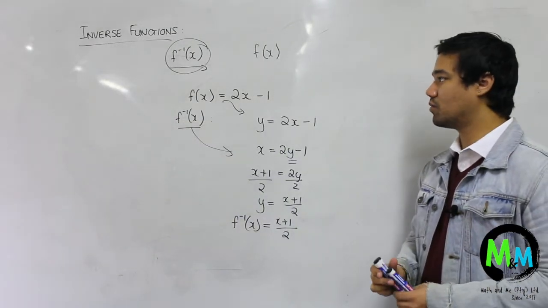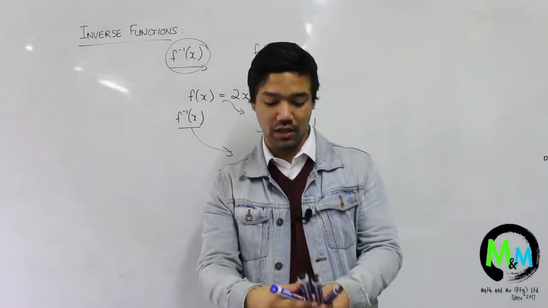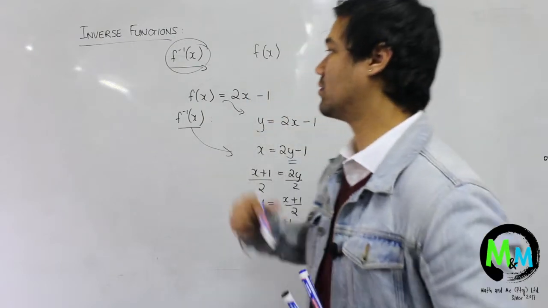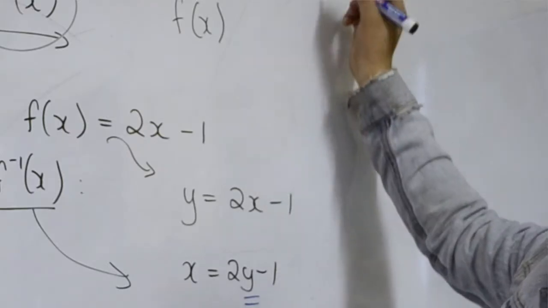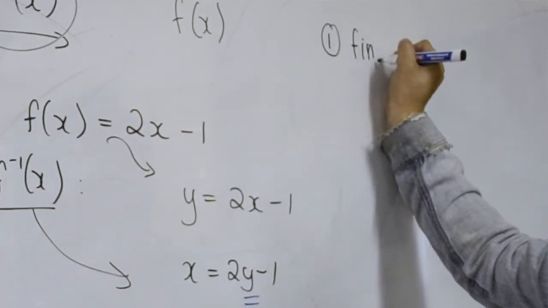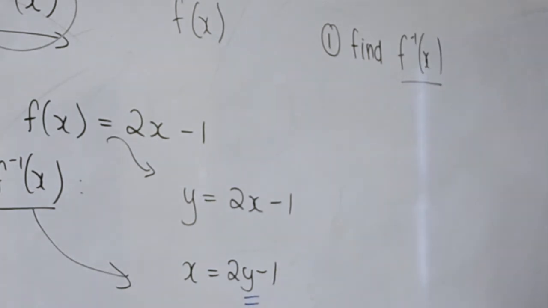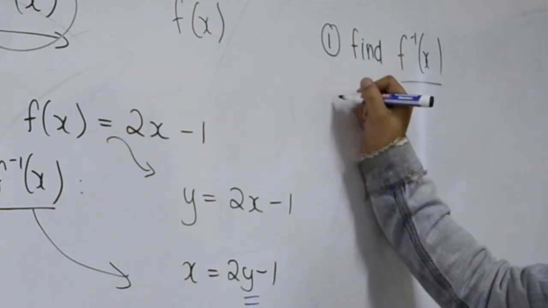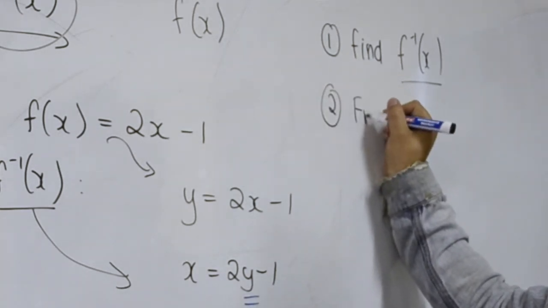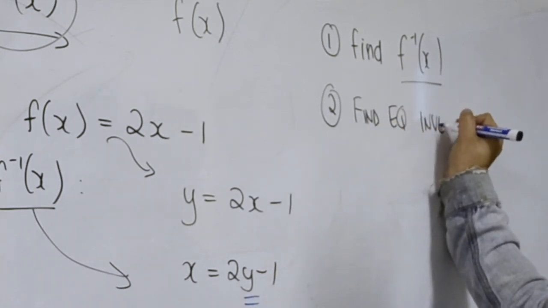This is how we would find the inverse, but how do we know we're supposed to find the inverse? I spoke about the different ways they'll ask it, and these are the 3 ways. Either they will say, given f of x, find f to the minus 1 of x, because we know that's my inverse notation. Secondly, they might just say to find the equation of the inverse.